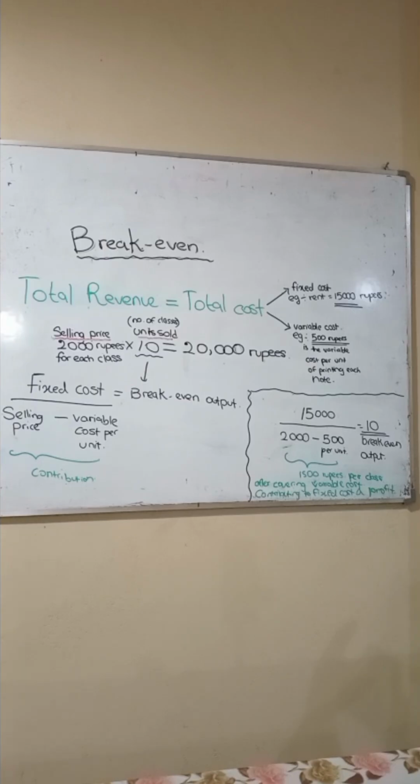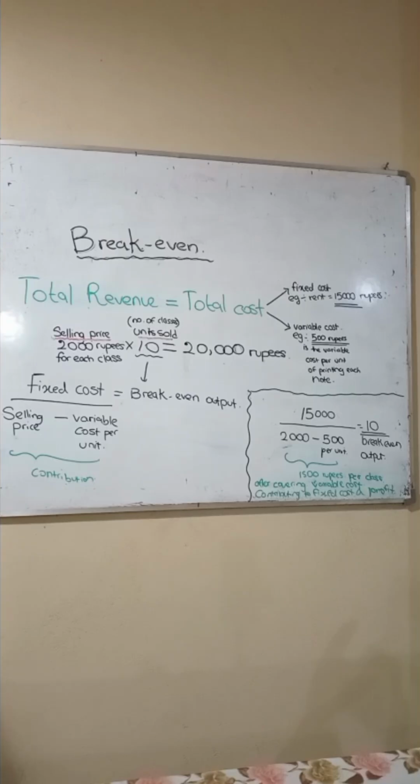In this case, I am not aiming for profit. Initially when I started my classes, I was not aiming for profit. I just wanted to know the minimum number of classes I have to conduct in order to pay off my bills.